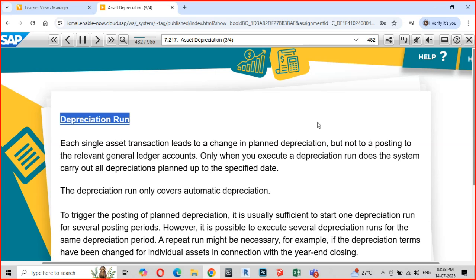So an organization can have all these kinds of assets. So shouldn't your SAP system also carry out the process of depreciation automatically? This is called your depreciation run.